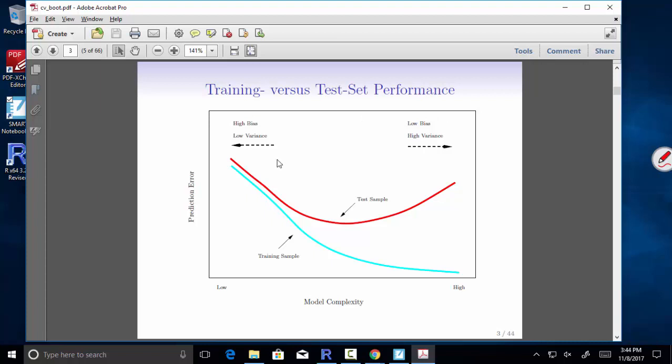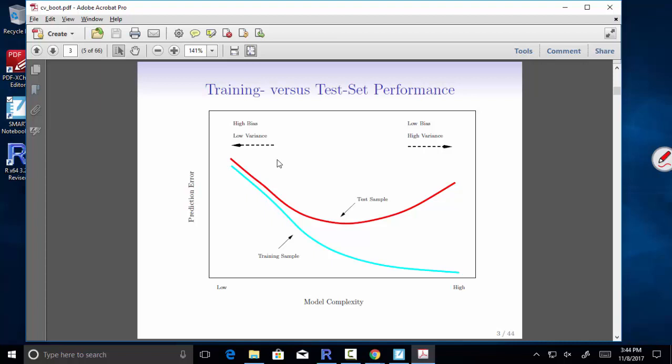Typically, simpler models, less complex models, will come with higher bias because they're not complex enough to really accurately represent a real-world relationship. So they're like a rough picture, biased. But what they have going for them is low variation, low variability.